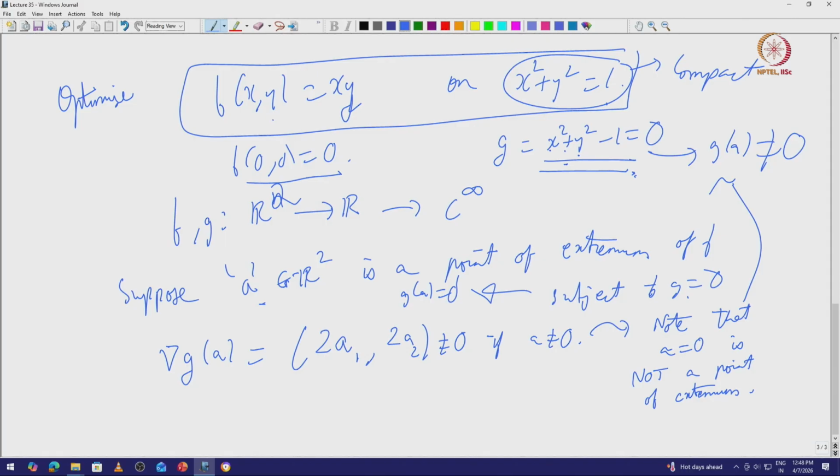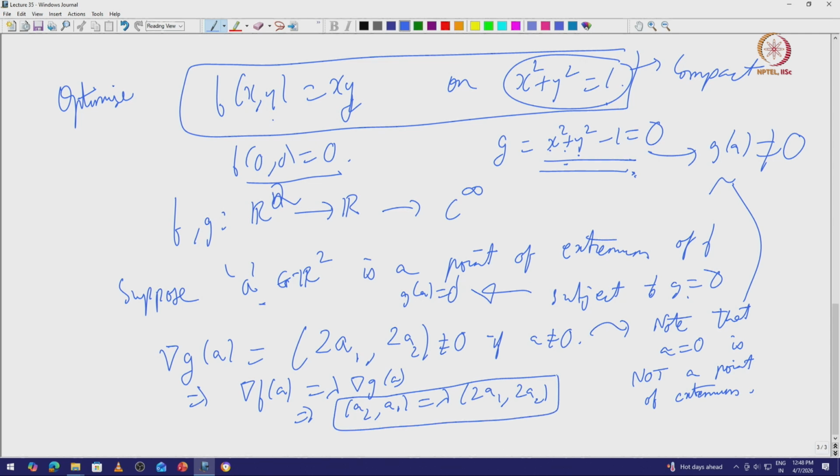So, gradient of g at A is non-zero, which means by the method of Lagrange's multipliers, gradient of f at A is lambda times gradient of g at A. What's the gradient of f? The derivative with respect to x is y, the derivative with respect to y is x. And the gradient of g is (2a1, 2a2), right.